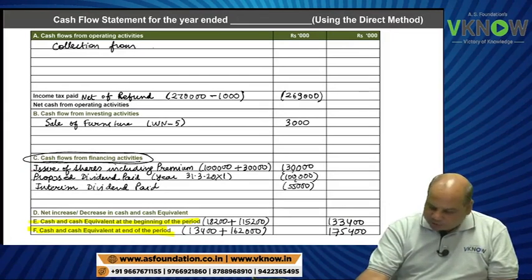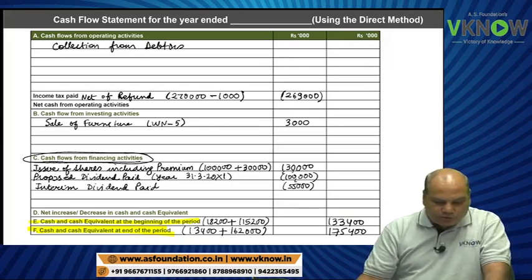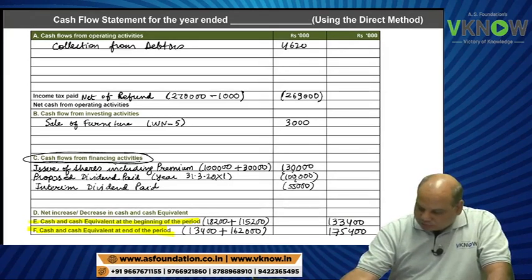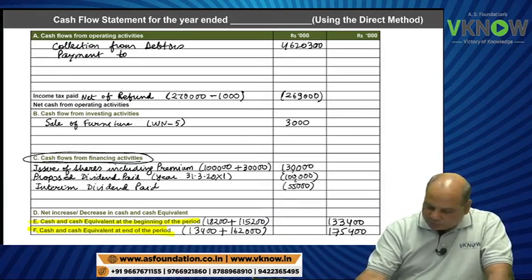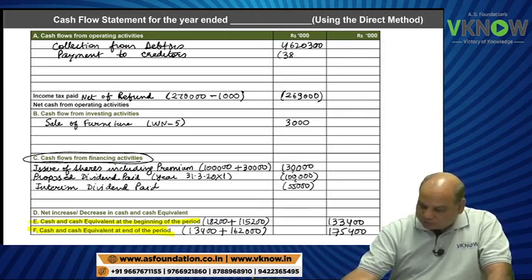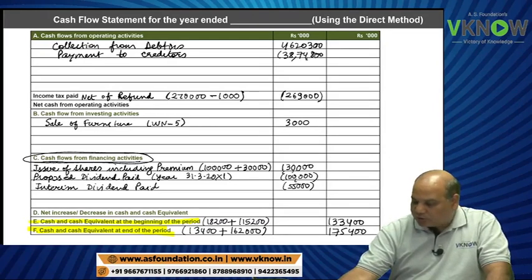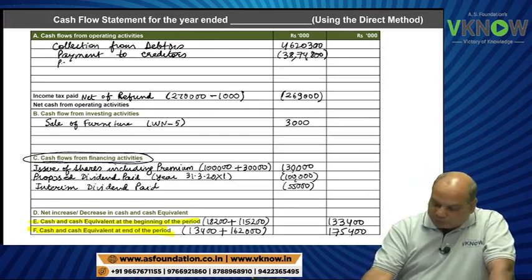Collection from debtors. Please reply fast. Collection from debtor was 46,20,300. Payment to creditor was 38,74,800.